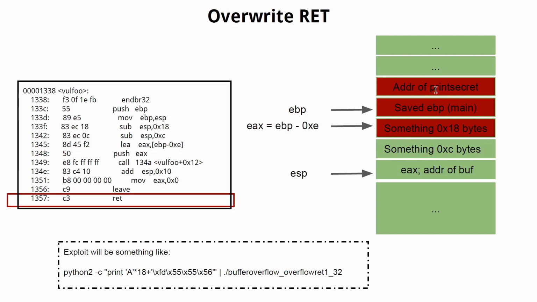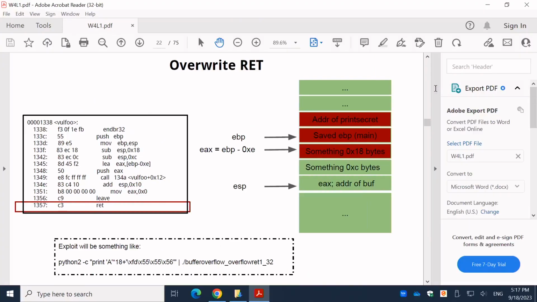Then when this program executes to the point of return, this print secret address, this should be print flag, will be popped into EIP. Then we keep running from print flag. So that's how we can get the flag.